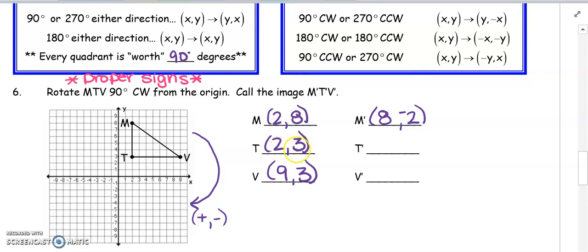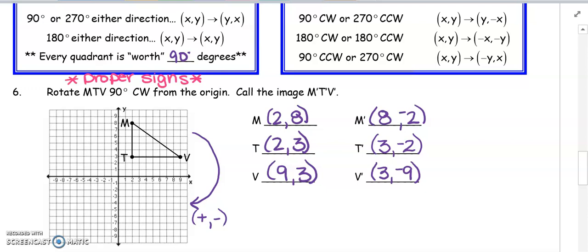Same thing with 2, 3. Let's switch the order. So it's now 3, 2. The X coordinates are positive, the Y coordinates are negative. And then for V, let's switch the order. We have 3, 9. The X coordinates are positive, the Y coordinates are negative.